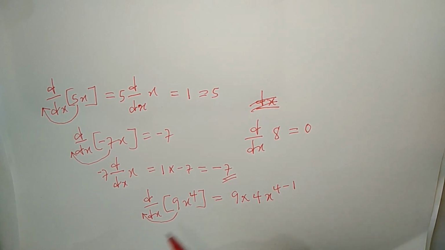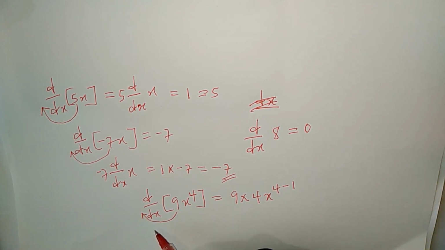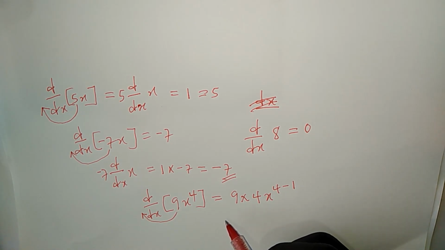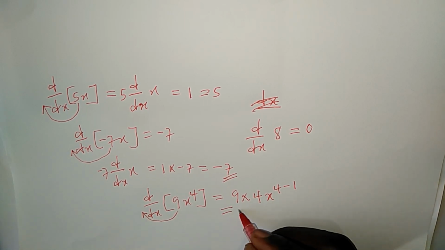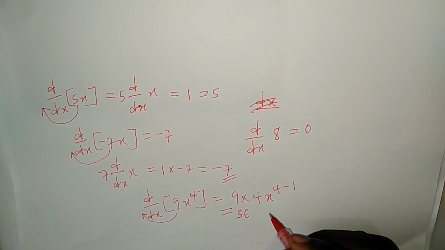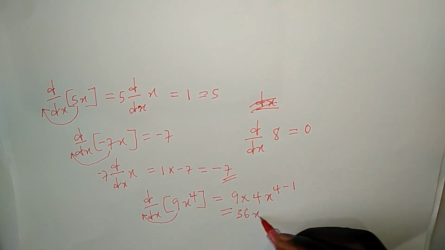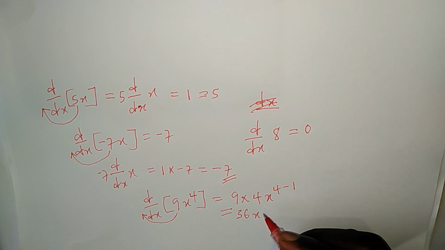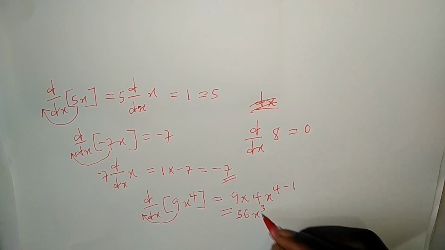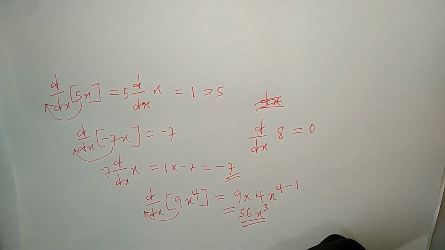Whatever is in the front, it is going to multiply the result of the differential, the derivative. Now 9 multiplied by 4 is 36. Then x raised to power 4 minus 1 is x raised to power 3. So this is going to be our final answer.